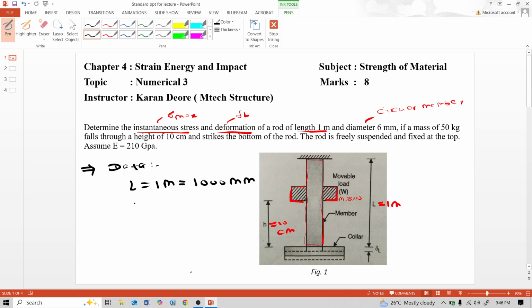Diameter of that member is denoted as small d, 6 mm, mass 50 kg, and falls through a height of 10 centimeter. Height denoted as small h, 10 centimeter. That means 100 mm.